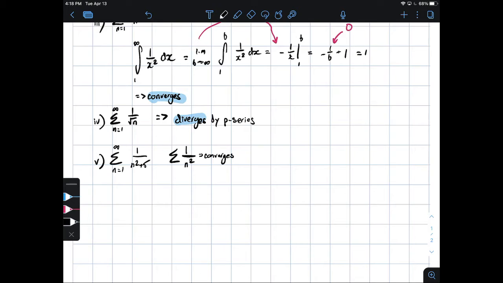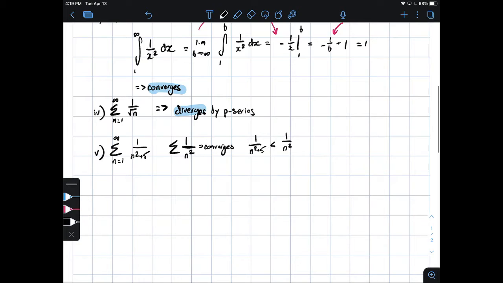And if we look, we can see that 1 over n squared plus 5 is less than 1 over n squared. And now that fulfills our requirements for this comparison test. So the series converges as well.